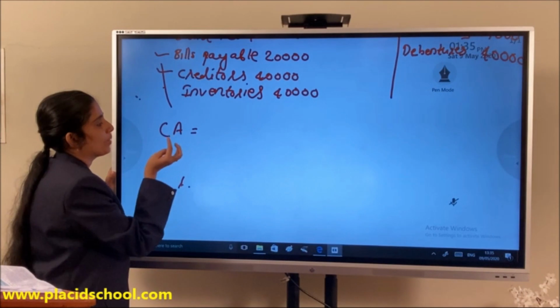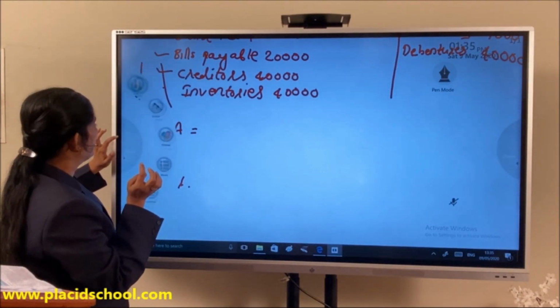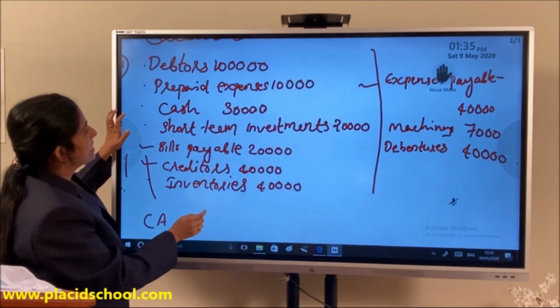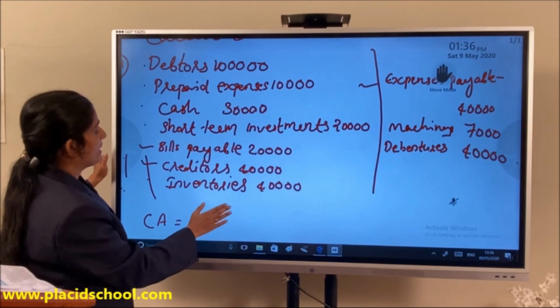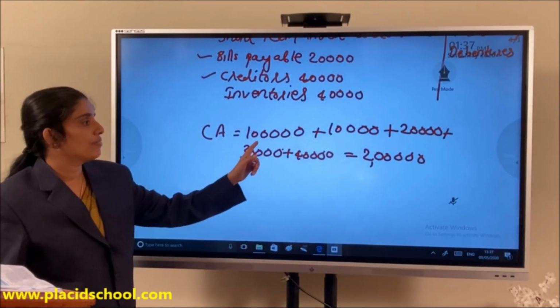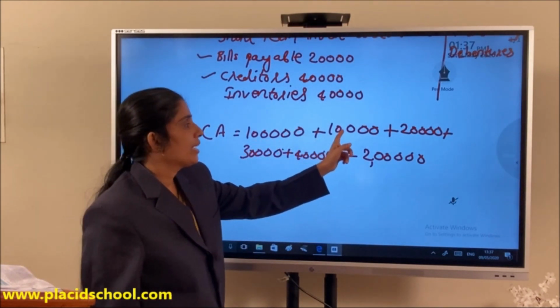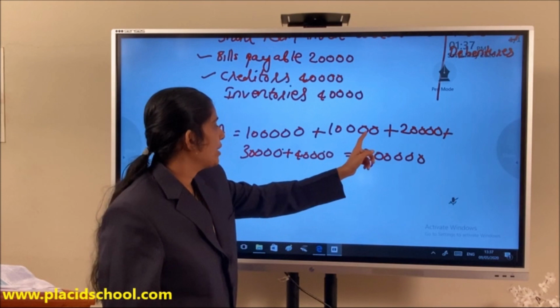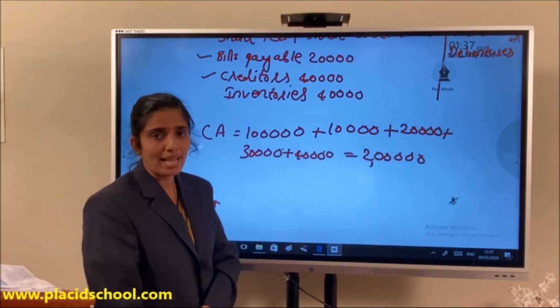Current assets equals the total of all these values: debtors 1 lakh plus 10,000 plus cash 20,000, 30,000 and 40,000, total is 2 lakhs.